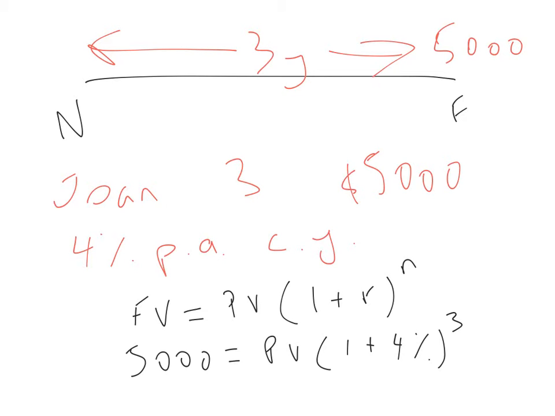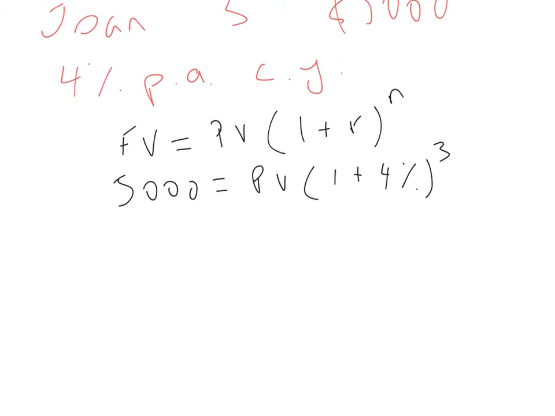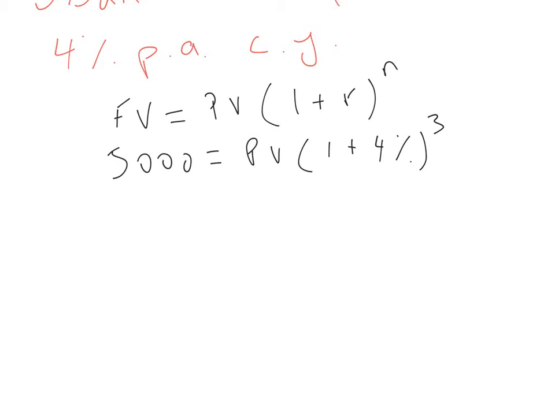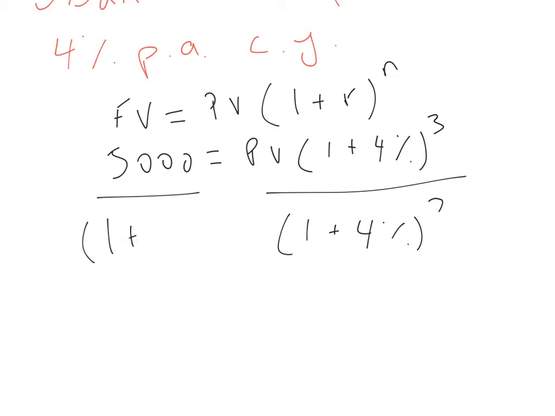So this is why there are two versions of this formula on the formula sheet. Now, when we solve this, we're going to divide by that chunk there. And then that whole chunk will cancel out that.